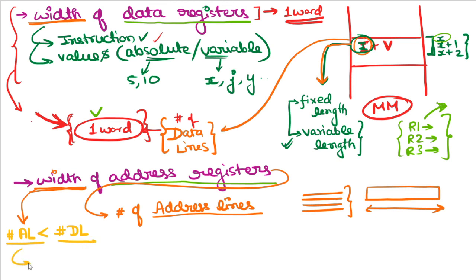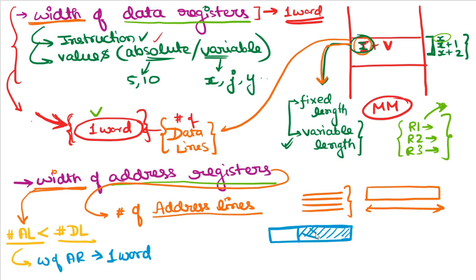In that case, the width of address register is one word. Since the number of address lines is less, we can store any address using a small part of a register whose width is one word. We can just put padding in the front or in the back, and use these data registers as address registers as well.